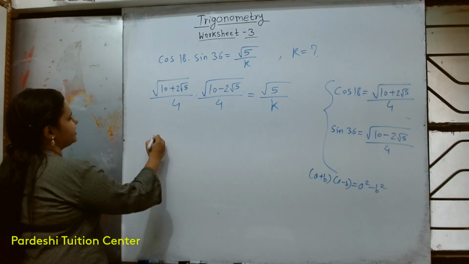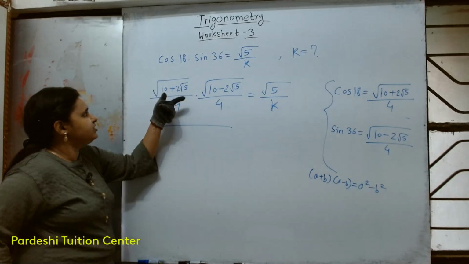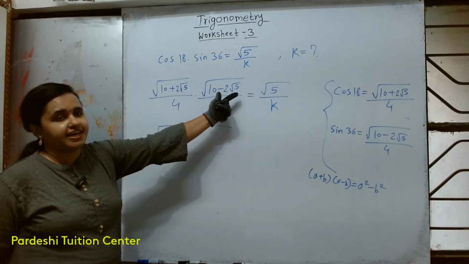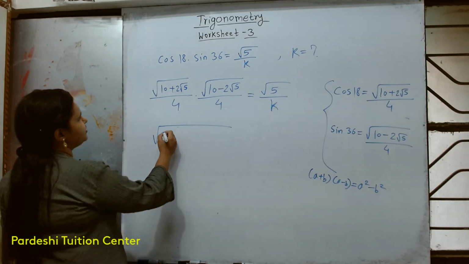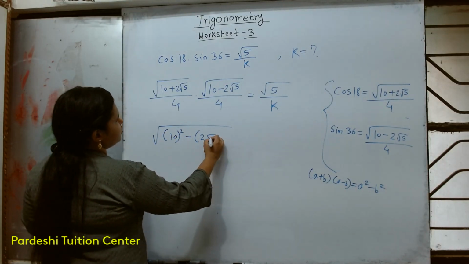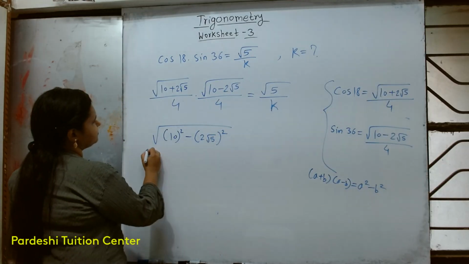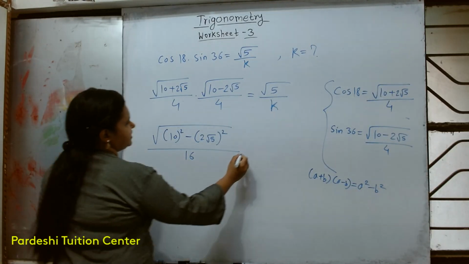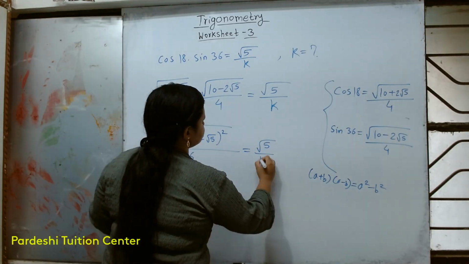So we take 10 and 2 root 5 as a and b, and it is a square minus b square. So it will be 10 square minus 2 root 5 square, upon 4 4s are 16, equals root 5 by k.